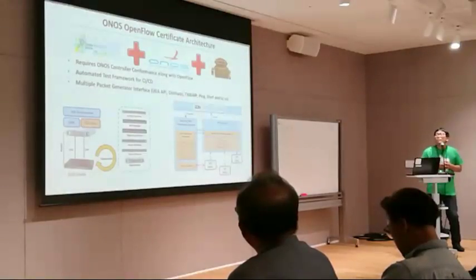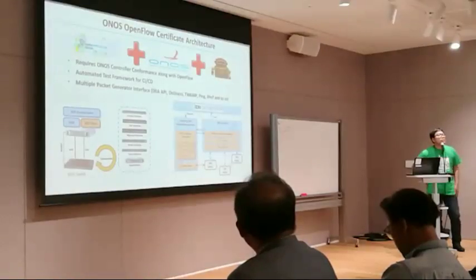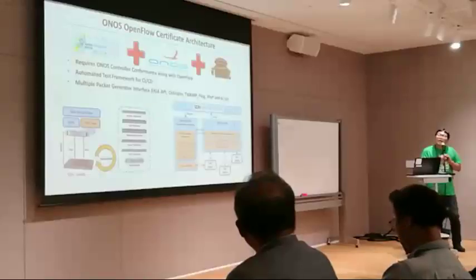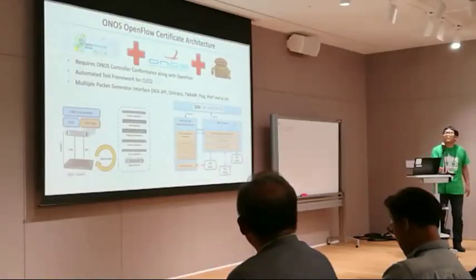So the next thing is testing, and we realized that the ON.Lab OpenFlow certification is not enough, because we asked for an OpenFlow switch, and the switch vendor told us that they can support OpenFlow, but when it is integrated with the ONOS controller, it doesn't. Sometimes it can't support it, because the state machine is different. So we developed our own OpenFlow certification architecture with the OpenFlow spec and the Samsung ONOS controller, and a Google-based framework, making it our own test framework.